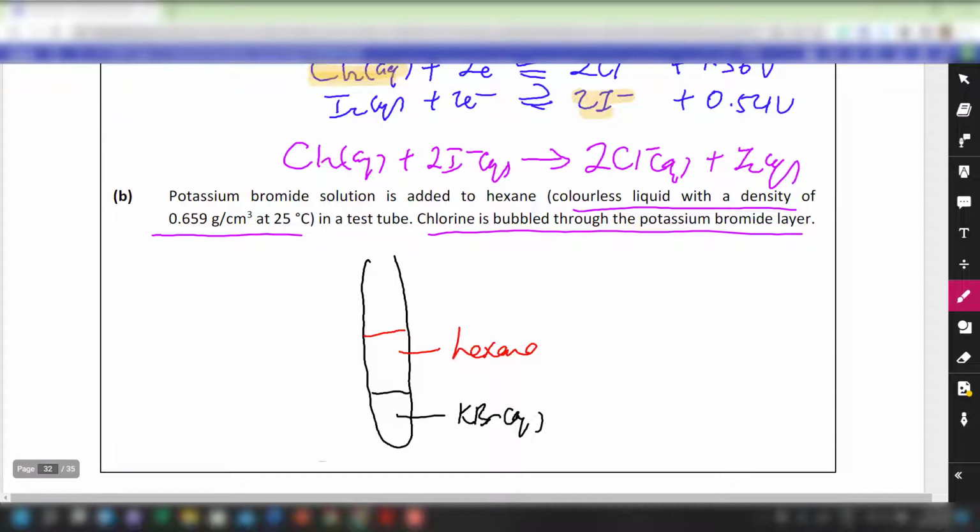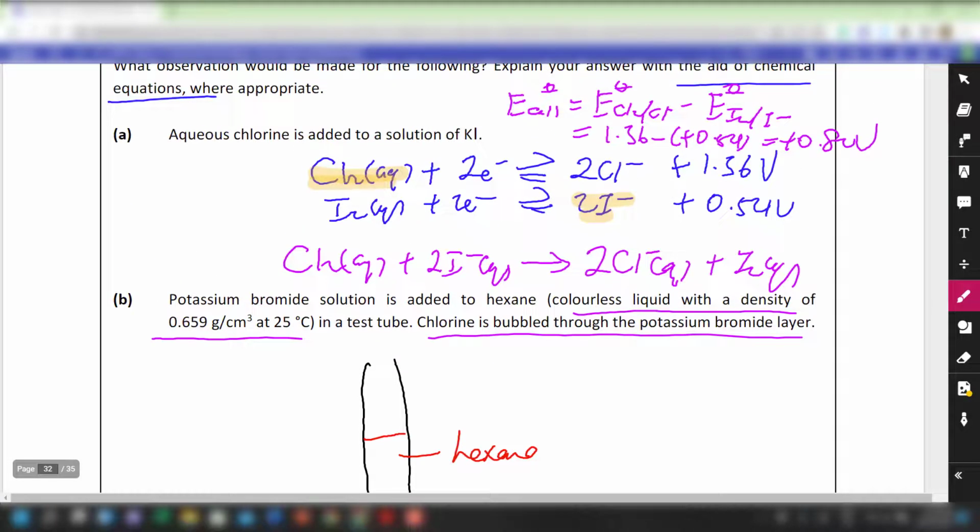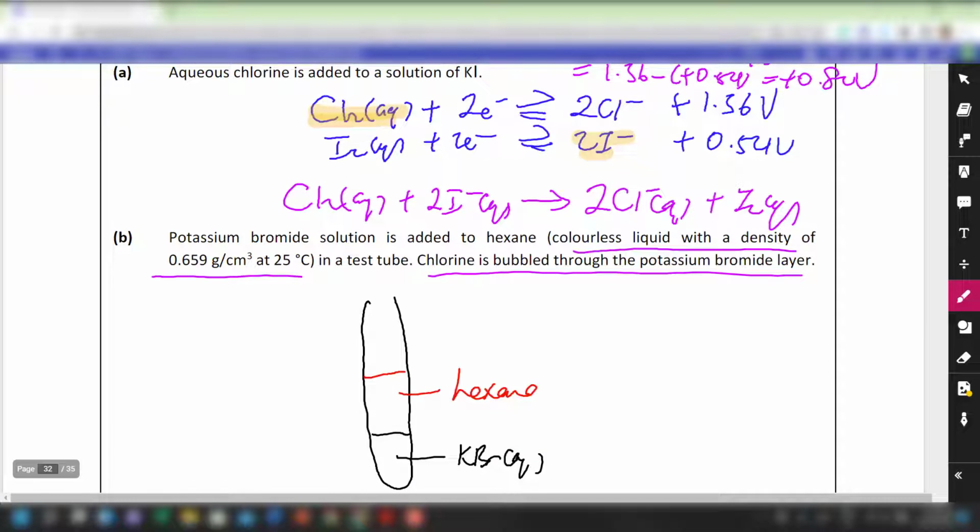If I bubble chlorine into the potassium bromide layer, I expect the same idea as above. So I'm going to calculate E cell: E reduction, which is chlorine/chloride, minus E oxidation. Let us check if bromides can be oxidized.